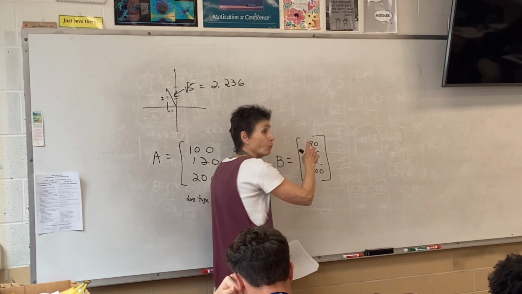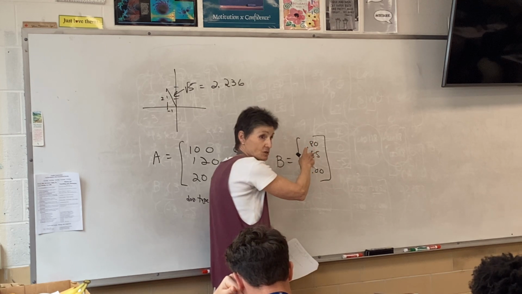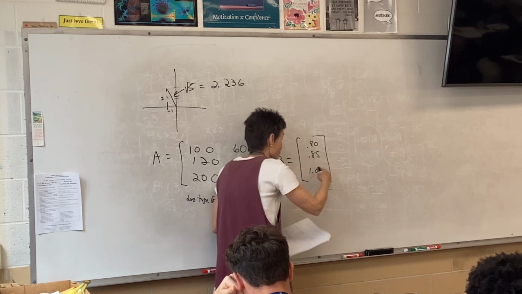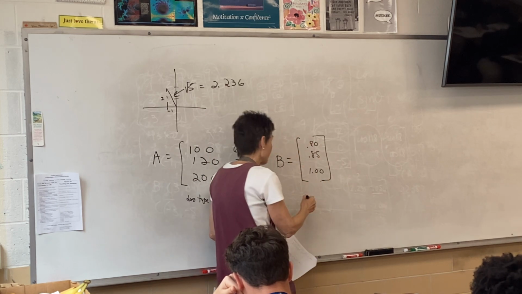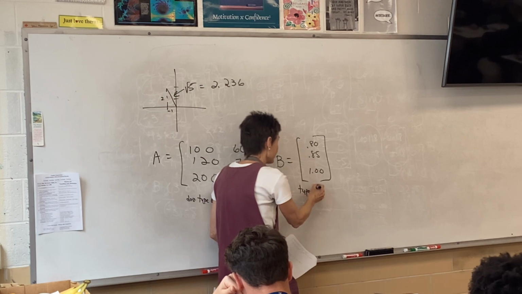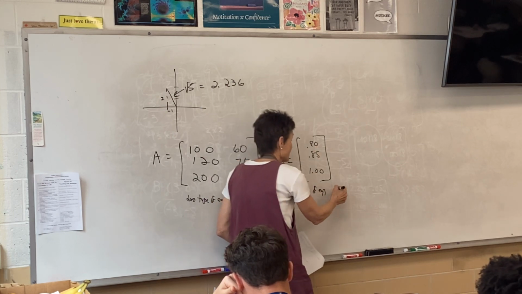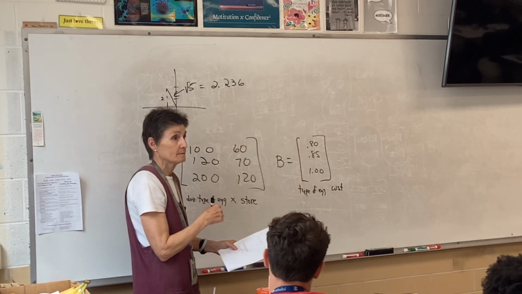Per dozen of what? Yeah, so these are large eggs, and these are extra large, and these are jumbos. So the rows, again, represent the type of egg. And the column represents the cost or the price.